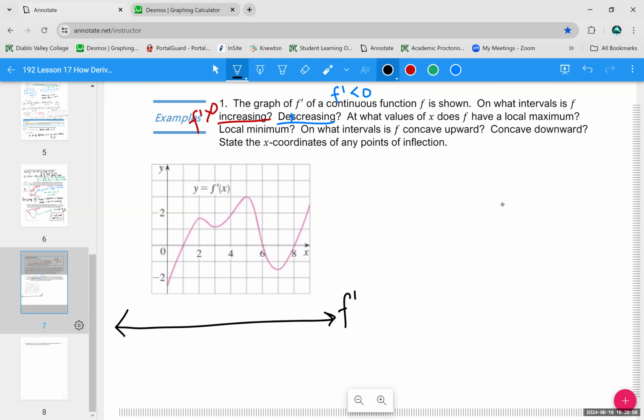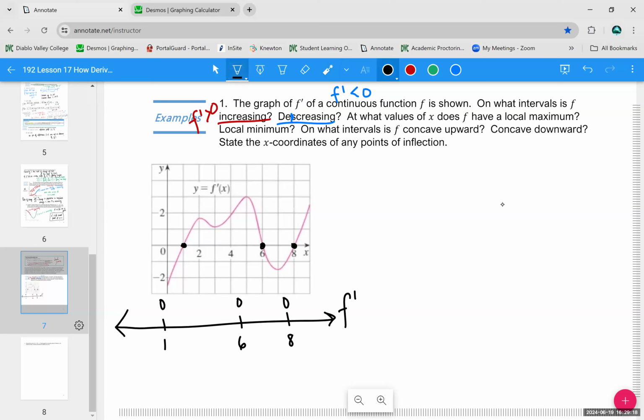make a sign chart, right? So when is this derivative equal to 0? At these 3 places. And what's happening on the left side of 1?